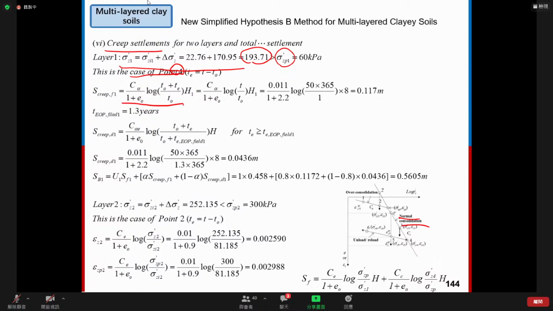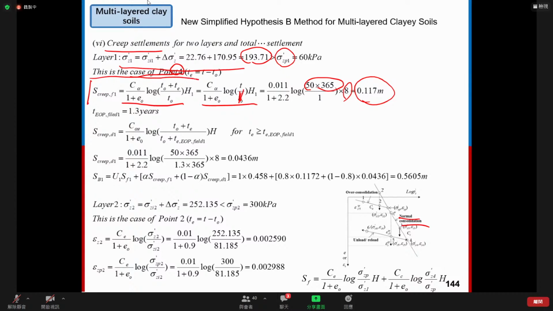So we use this equation, or we further simplify to this equation, so you can get this result easily. This T here is 50 years multiplied by 365 days per year, then multiply the thickness of the first layer.